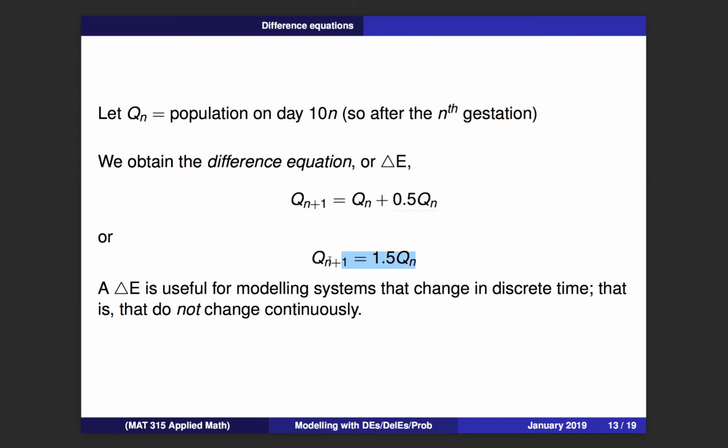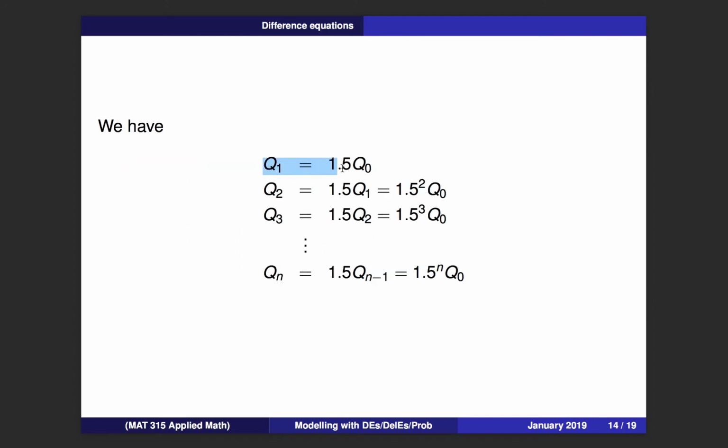Here's your model. This is a discrete model, also known as a difference equation, also known as a discrete dynamical system, also known as a recursion. All these terms we'll use interchangeably. With this situation, you can kind of see the pattern.